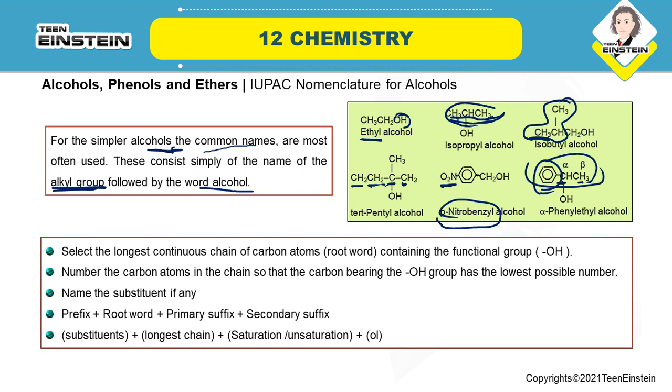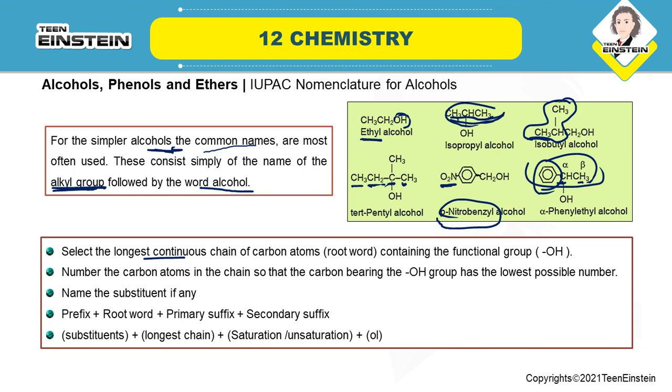But what about the structures when it is not simple, when there is some complicated structure, some branching present? Now we have to follow the IUPAC rules. The general rules that we follow for any IUPAC nomenclature, not just for alcohols, are the same here. First, we choose the longest continuous chain of carbon atoms, and obviously this longest chain will contain the functional group.